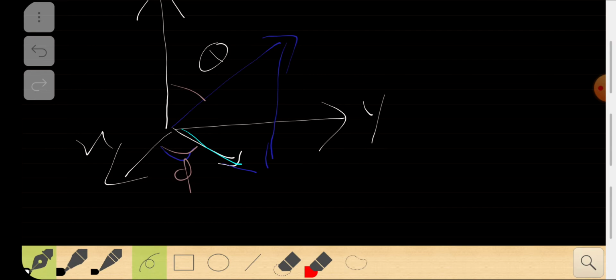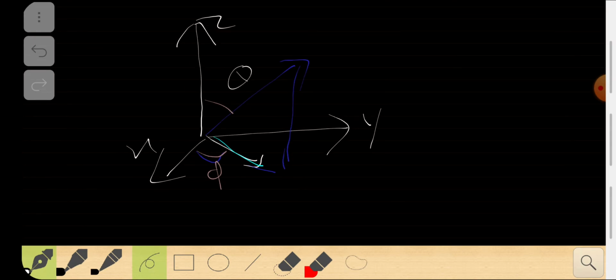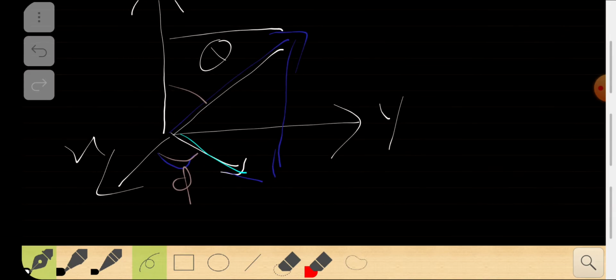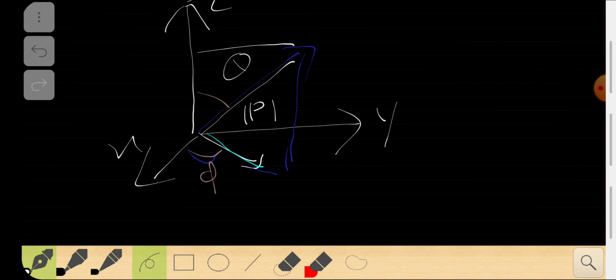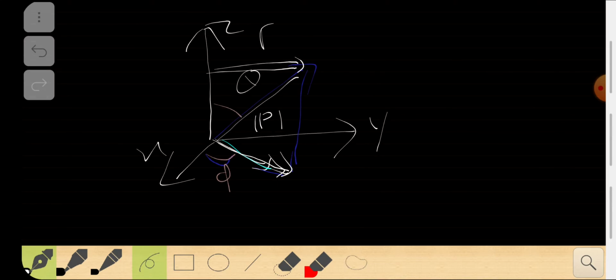Now if you look at this triangle, you can see this has the magnitude of p. The vector p has a magnitude p, so this length will be the same as this length. Those are parallel lines, so they must be the same.